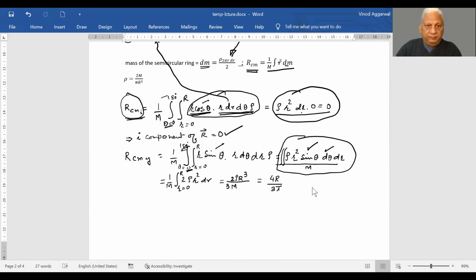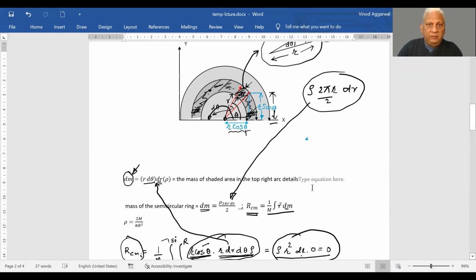Now what remains simplifies to this equation. Now we integrate this equation with respect to r going from 0 to r. Why? Because we had considered this as a small ring with radius small r.